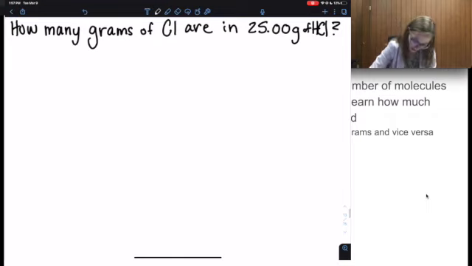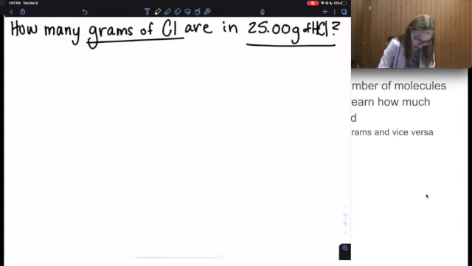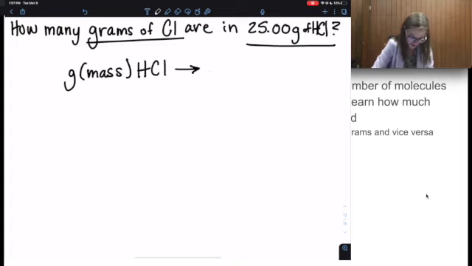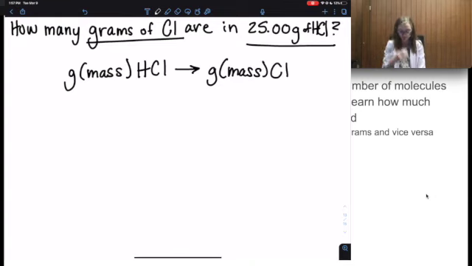I'm going from grams mass of a compound, HCl, to grams mass of an atom that makes up that compound, chlorine, okay? I know I cannot directly compare grams of chlorine to grams of HCl because this doesn't make sense. So I am going to need to convert to moles in the middle.